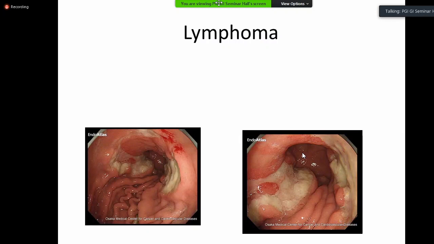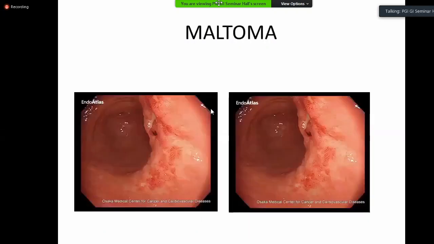Carcinoma is restricted only to the stomach, whereas lymphoma can get across the pylorus into the first part of the duodenum. MALToma, can you say on endoscopy that this is a MALToma? No, you have to have histology. Again, you see the normal distensibility, a punched out ulcer with surrounding mucosal abnormality.